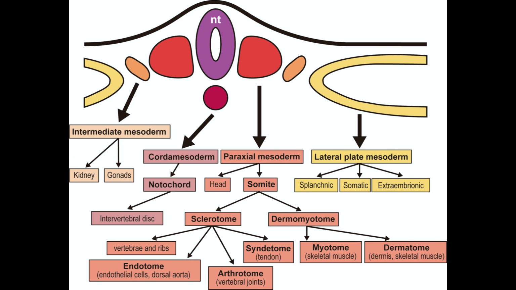The syndetome will become tendon, and the myotome will become skeletal muscles. So now we have the complete picture. We have a bone, we have tendons, and we have the muscles.